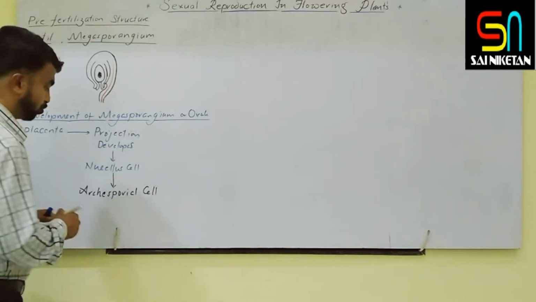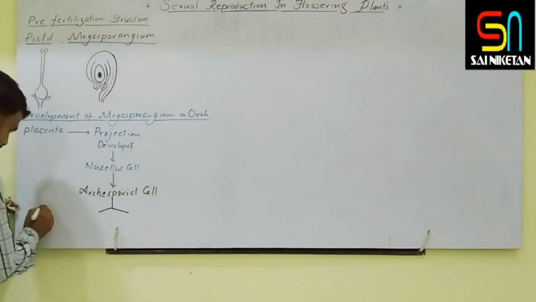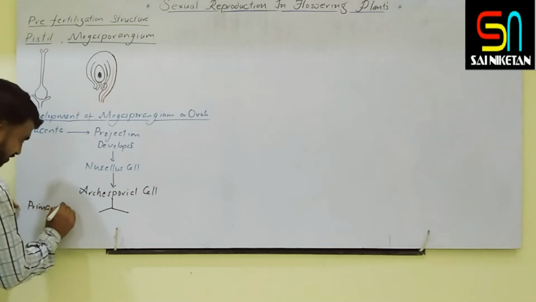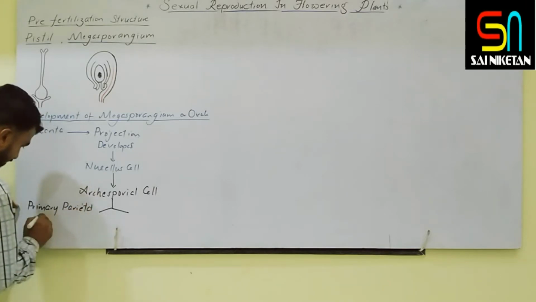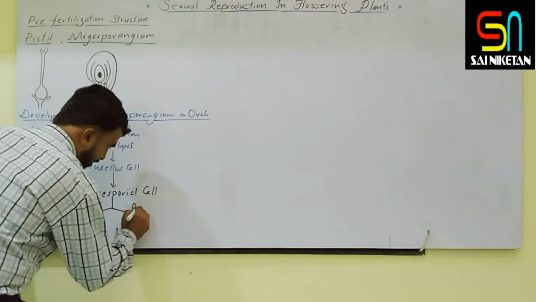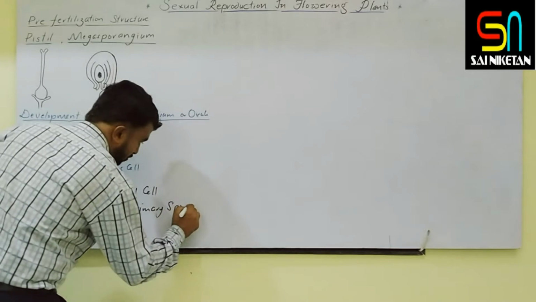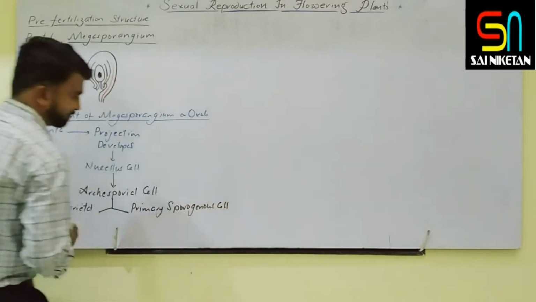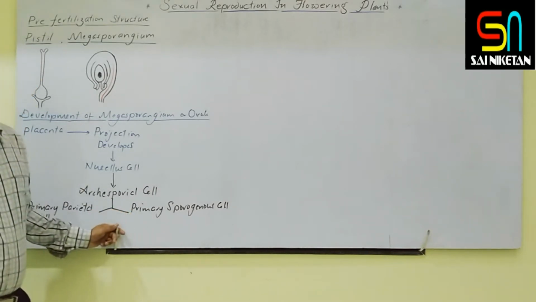This archesporial cell undergoes division and produces two cells: the primary parietal cell, the outer one, and the primary sporogenous cell.